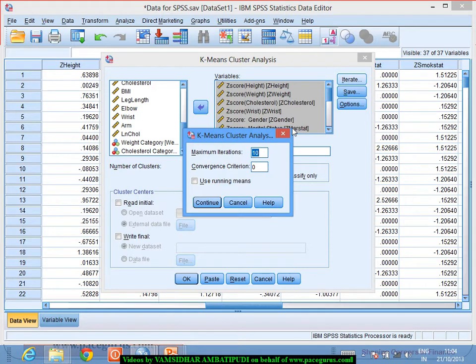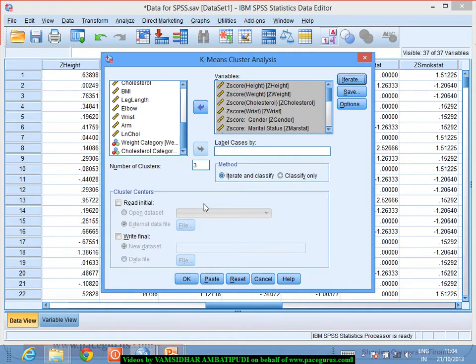So by default there is a number 10, but because we are using more number of variables, it is possible that it may go through a more number of iterations. So I am just mentioning 25 to be the maximum number of iterations. You can very well increase it also, if at all even after 25 iterations the system is not stable.